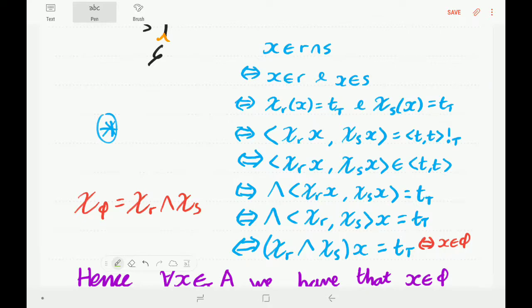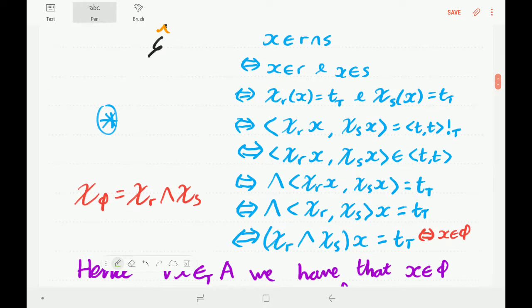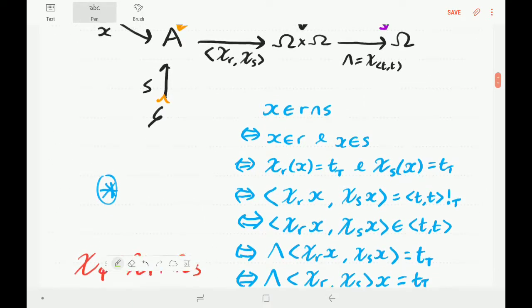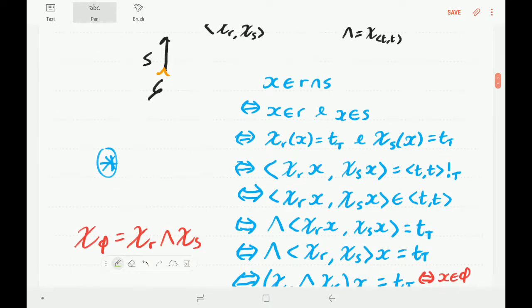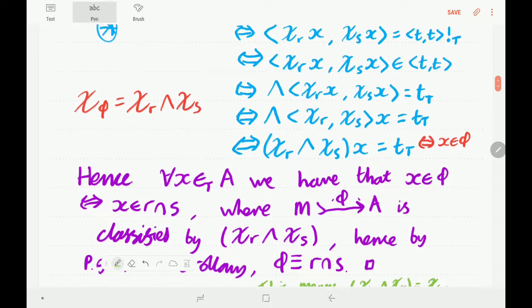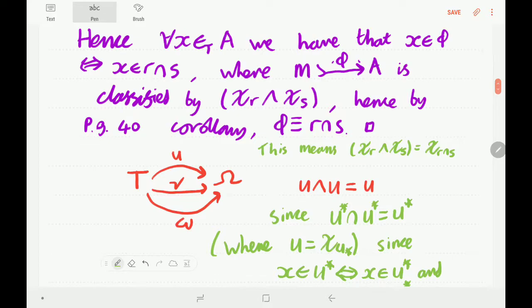In the sense that chi of r and chi of s is the classifying arrow of the intersection of r and s. And then we can connect with lots of nice results about intersections.